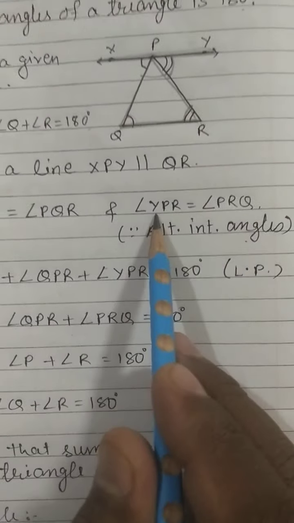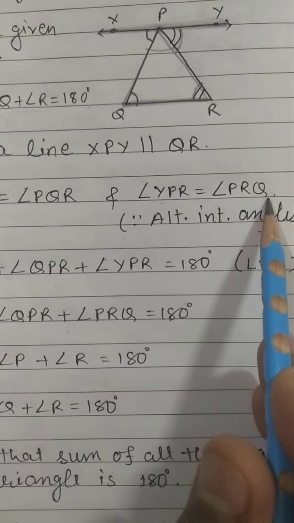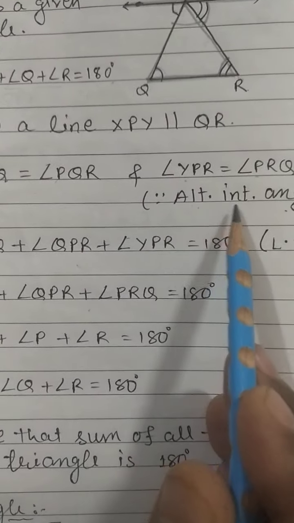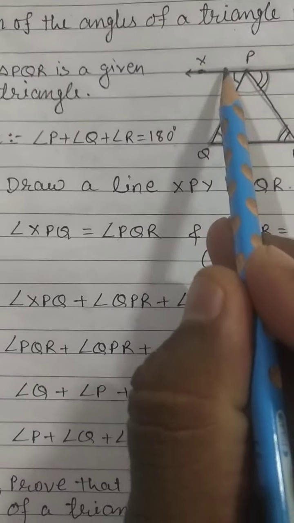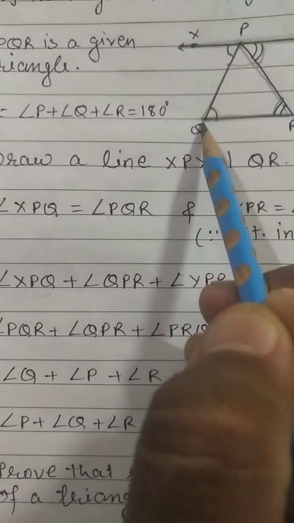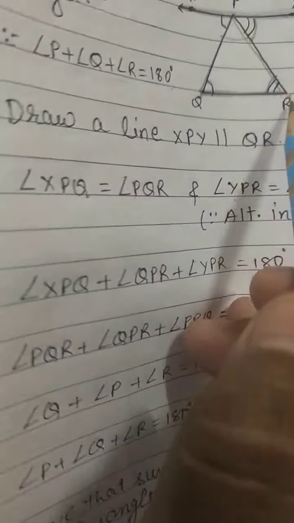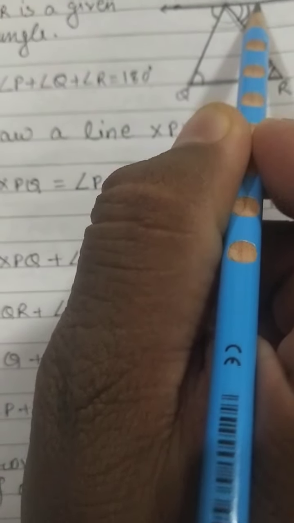I have written here that angle YPR is equal to angle PRQ. Both results are due to alternate interior angles.